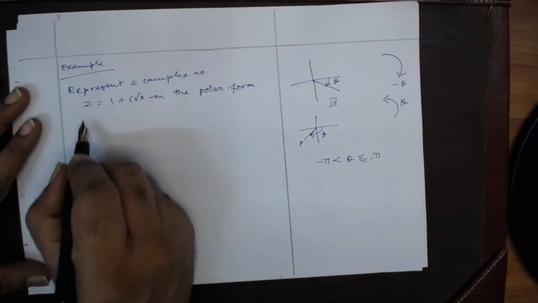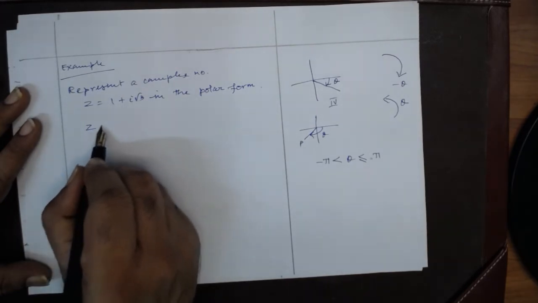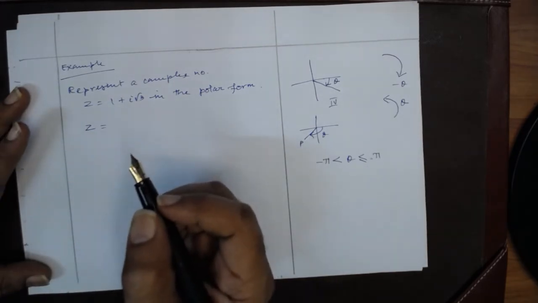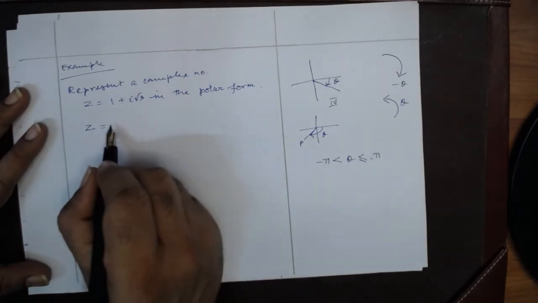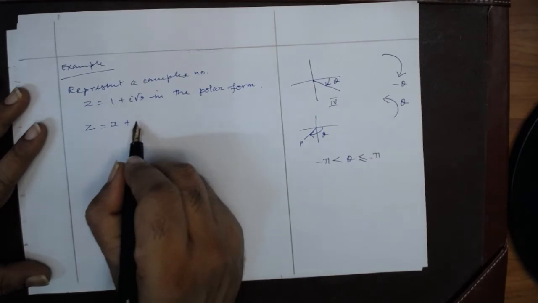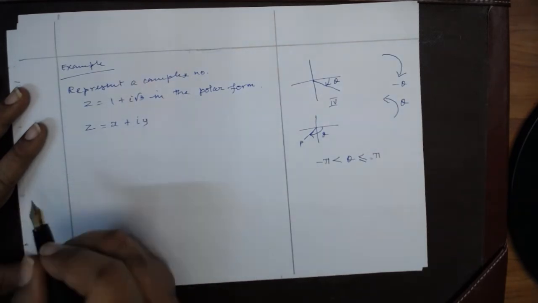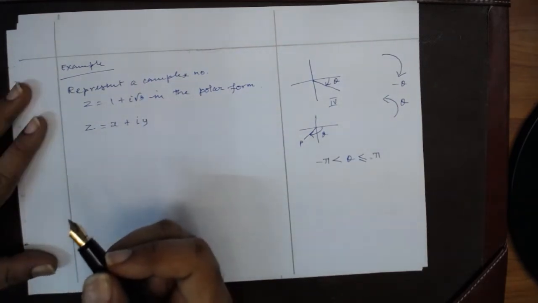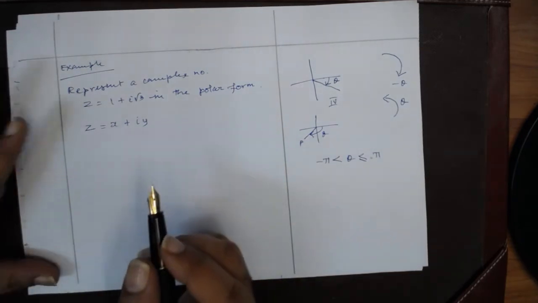So Z can be represented as x plus what? i y. Is it not? x plus iy. This is the general representation.